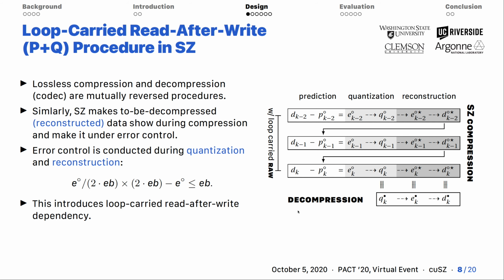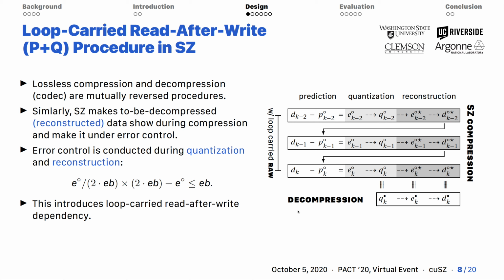And now we're looking into the loop-carried read-after-write dependency in SZ. SZ makes the decompressed or reconstructed data show up during the compression and makes it under our control. The decompression is basically a replay of this part. The error control is over the prediction error and is done during the quantization and reconstruction.